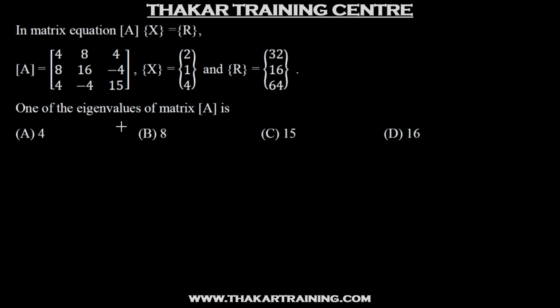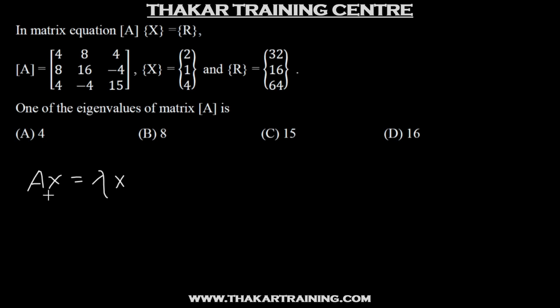Coming to the next question. In the matrix equation Ax = r, we are given matrix A and vectors x and r. One of the eigenvalues of matrix A is... okay, this is coming from the definition of eigenvalues. Eigenvalues and eigenvectors are defined by Ax = lambda x.